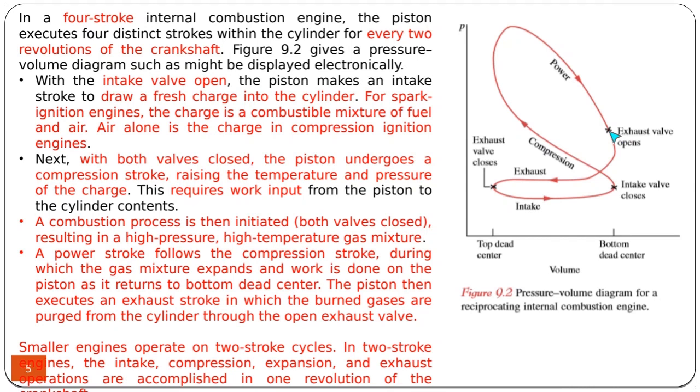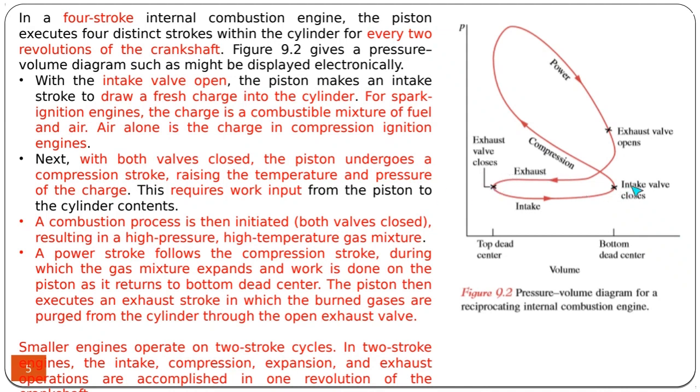When it's close to the bottom dead center, the exhaust valve opens, and because there is still high pressure inside the cylinder, exhaust gases start to leave the cylinder, and the rest of the exhaust gases remaining inside the cylinder are pushed out by the upward motion of the piston.